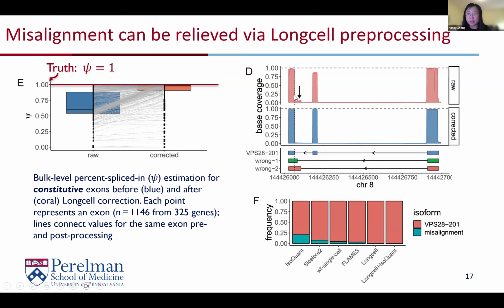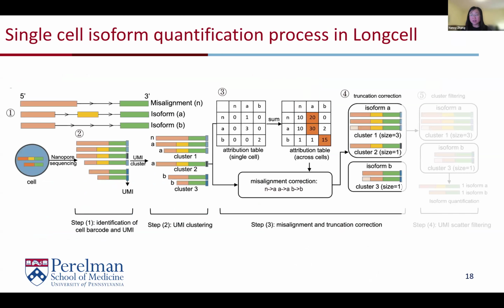And that is shown in the pileup plot as well. So after you correct it, you don't see that anymore. And if you compare across different tools out there, they don't make use of the UMI clusters to correct this mistake. For example, IsoQuant, which is a commonly used tool, actually gets it wrong almost 25% of the time. So that's step 3, the misalignment and truncation correction.